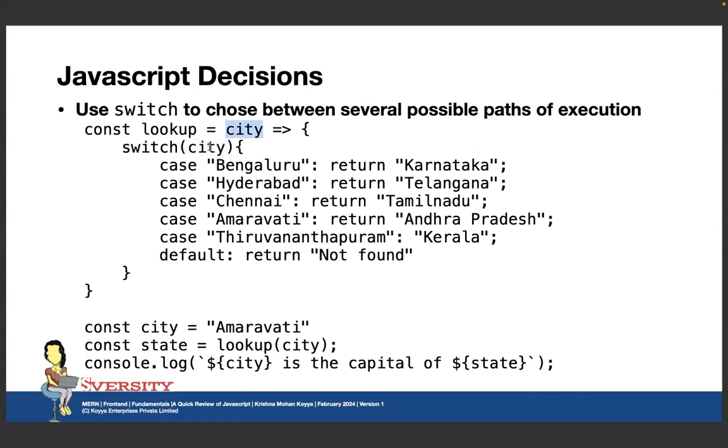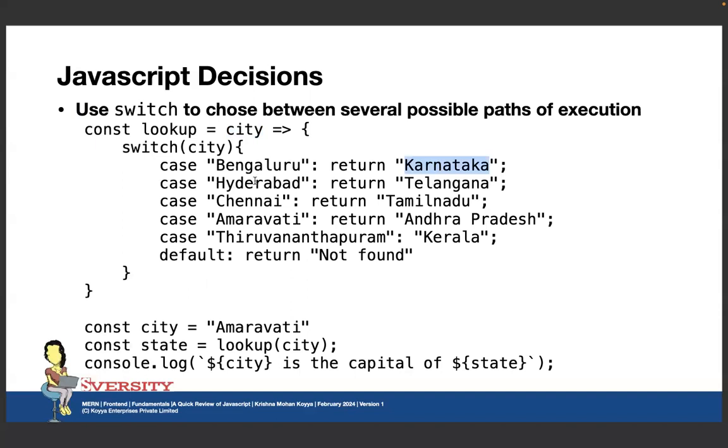It means you pass the city value, and based on the value of the city, it will be dealing with one of these cases. If the city is Bengaluru, then return Karnataka. Let's say these are states and their capitals. So if the city name is Bengaluru, it returns Karnataka.